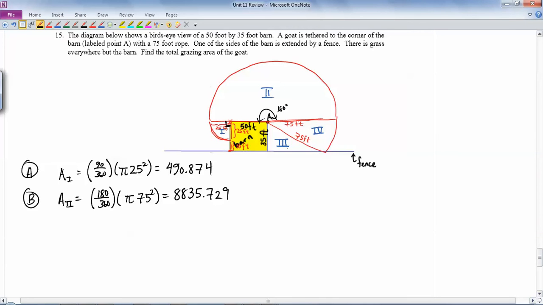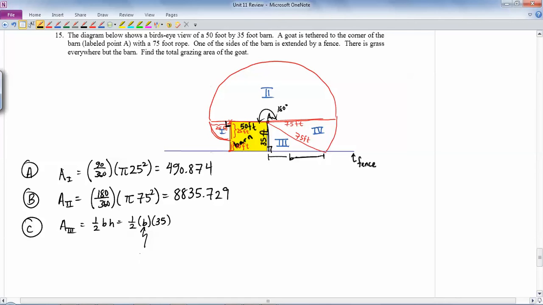Okay, let's look at region 3. So region 3, I'm going to need the base of this triangle. I can solve for the base easily enough, so I'm going to call that b, whatever my answer is for it. And the area is 1/2 the base times the height, which is 1/2 whatever the b is, times 35, because that's the height of the right triangle that I have right there. So I need the base.